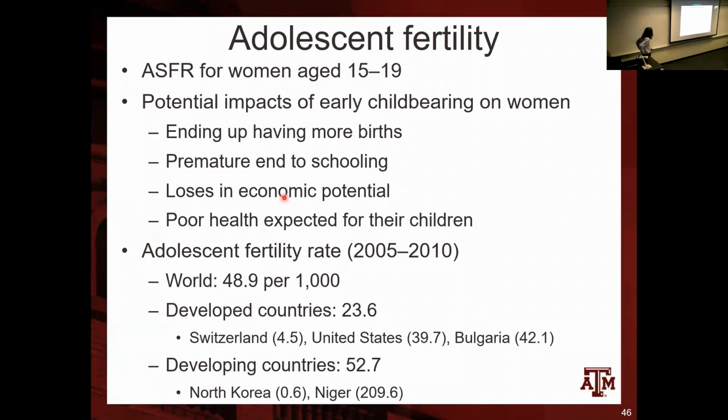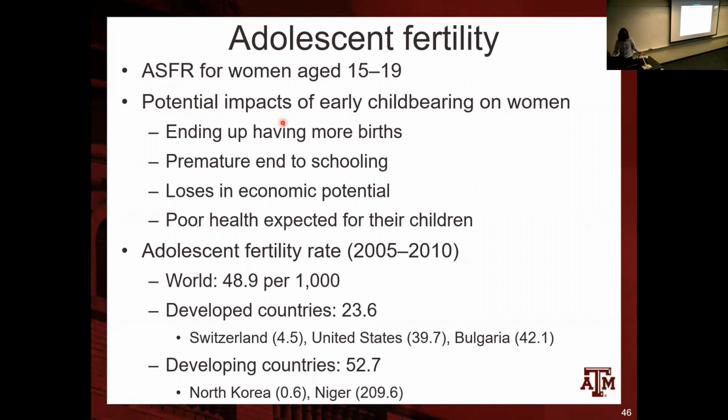Adolescent fertility is the fertility of women between ages 15 and 19. Why do we care about adolescent fertility? Because when women have children at such young ages, that might have really important impacts later in their lives. Women that start having children at younger ages might end up having more children overall by the end of their reproductive years.